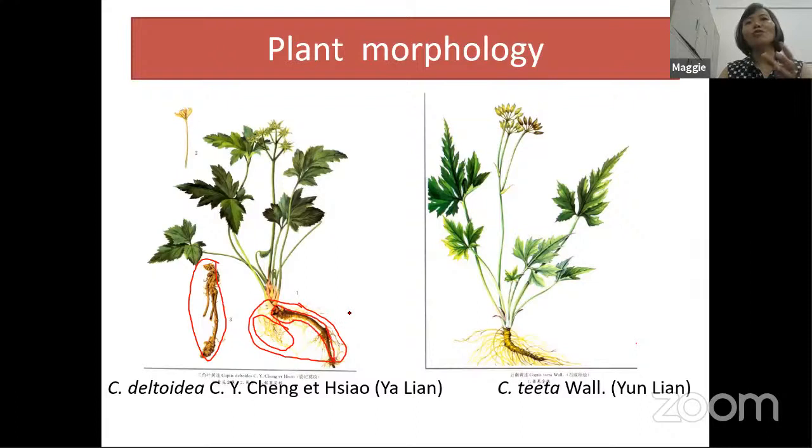The rhizome is a medicinal part, but root is not. So here, Coptis teeta. So here, rhizoma. So this part is rhizome, and here is root. So blade, oval triangular.